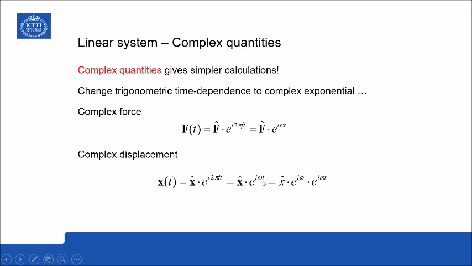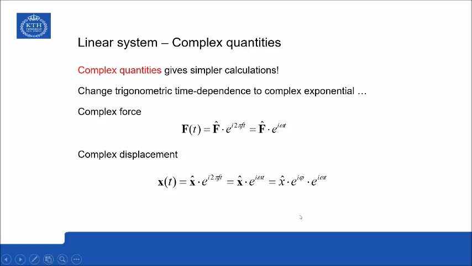And it turns out that the complex amplitude contains both the magnitude and the phase. The magnitude of the complex amplitude is the size of the displacement amplitude, and the angular part of it contains the phase shift relative to the excitation.